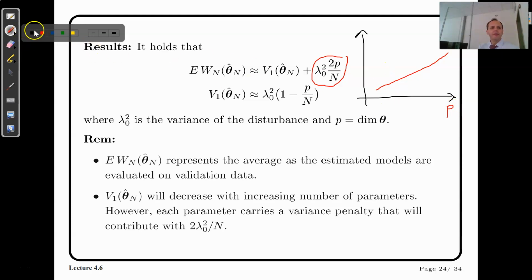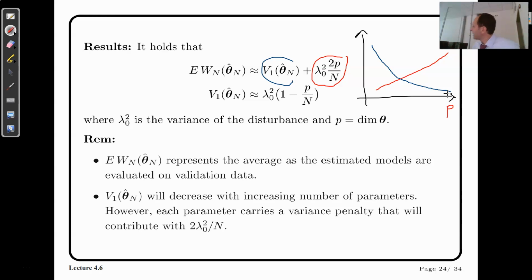And the second function, I can plot it in blue. This one is in red, this is in blue. Because if you remember, when you increase the number of parameters, the mean square equation error is decreasing.